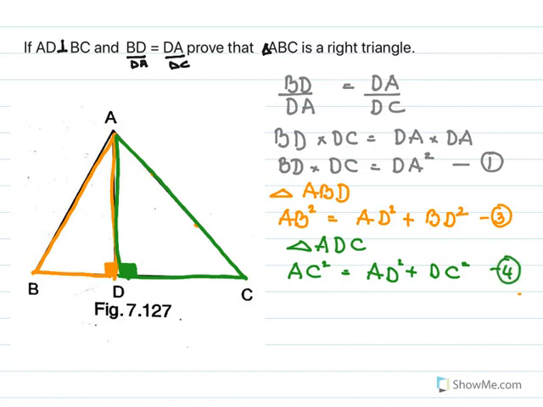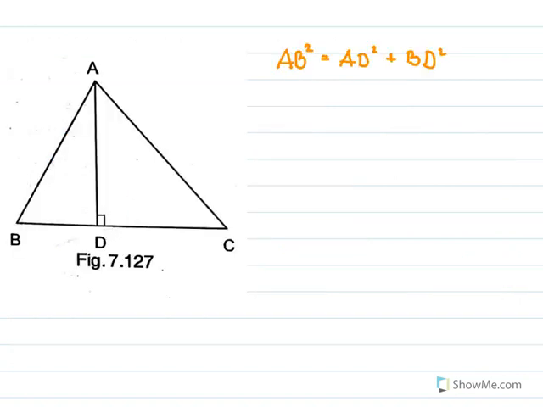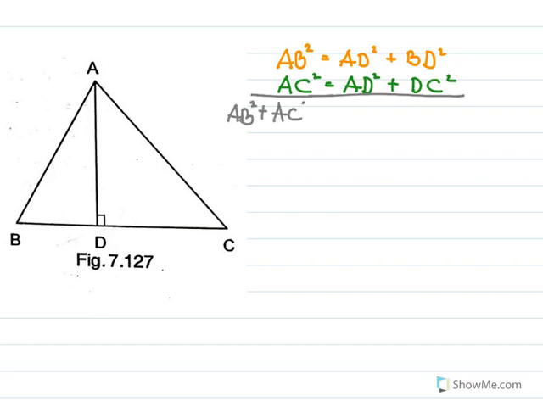We add up equation 3 and 4, and we get AB square plus AC square equal to twice AD square, plus BD square plus DC square.